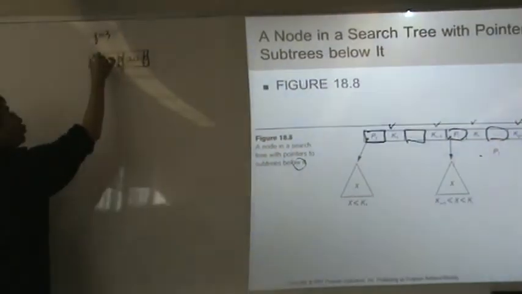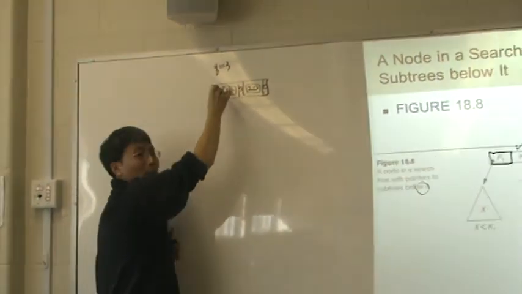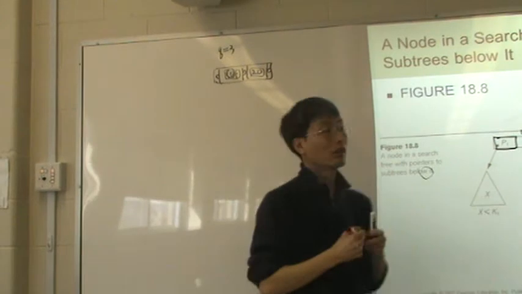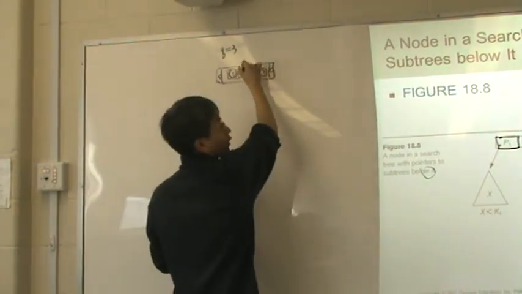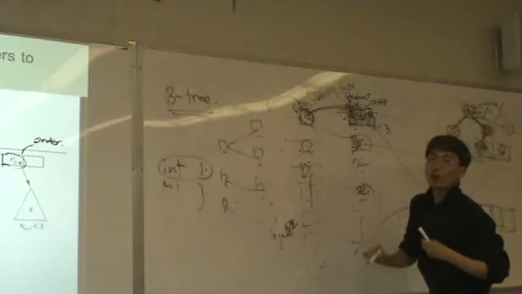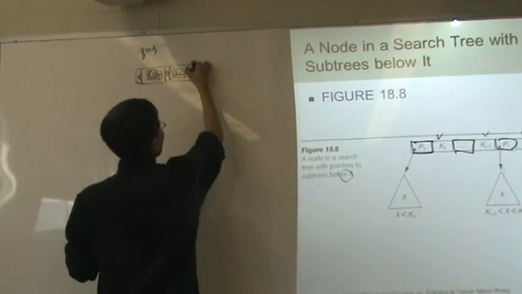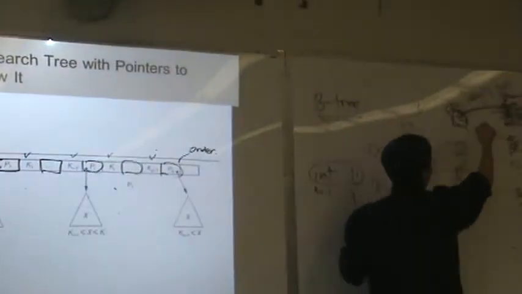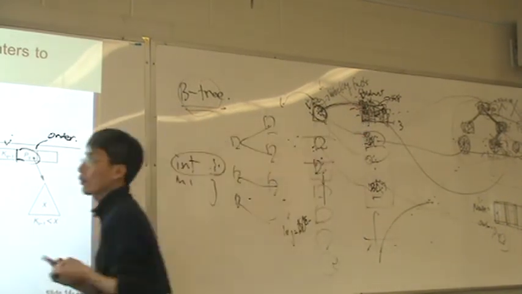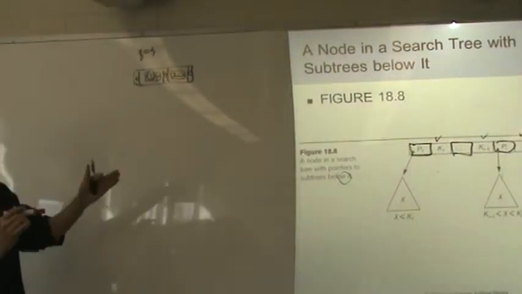You can have two index values. Actually, a key entry has the key value plus a data pointer. This pointer goes on to this, and this one to this. You understand? This is just a diagram to help you understand the data structure of the search tree node.